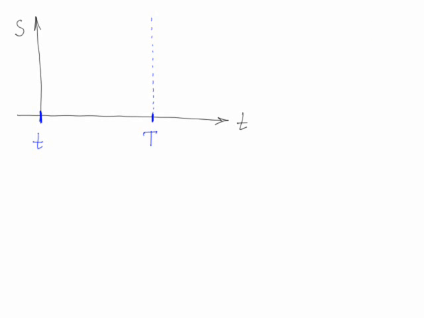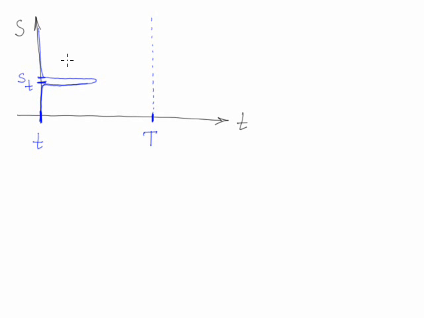So what we have here is, we know S_t, so this distribution is a delta function, right? It peaks at the value S_t.